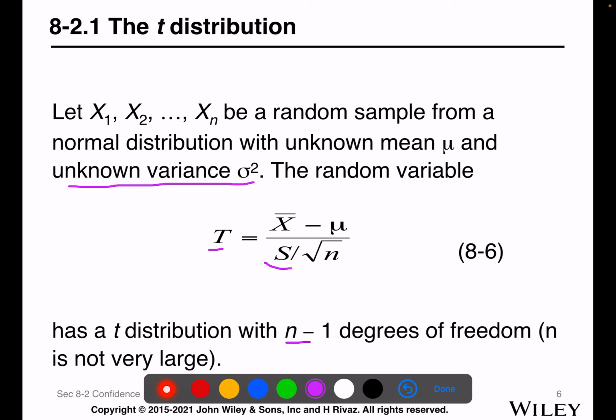I guess he was trying to optimize the brewing of beers, similar to the character in the series Breaking Bad, though I forgot the character's name. So he basically discovered this new distribution, and his company didn't allow anybody to publish the results, so he always published under the pseudonym Student. He has a couple of papers, one of them is this one.